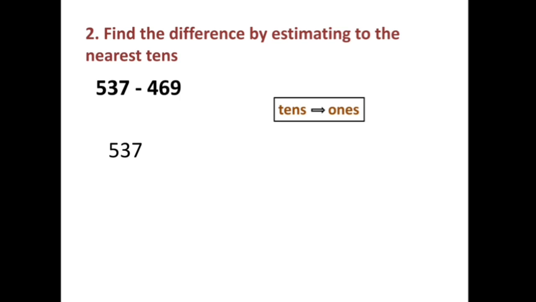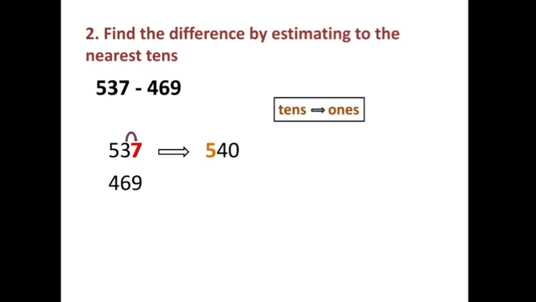Which number is in ones place? 7 is in ones place. Now we should do the comparison between 7 and 5. 7 is greater than 5. So the tens place 3 is added by 1. We get 540.